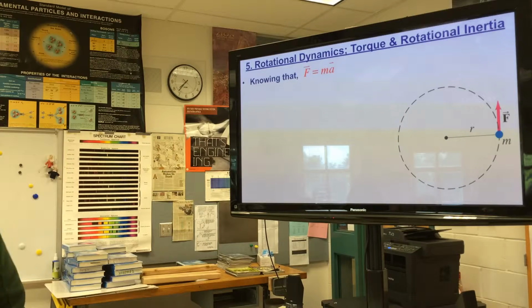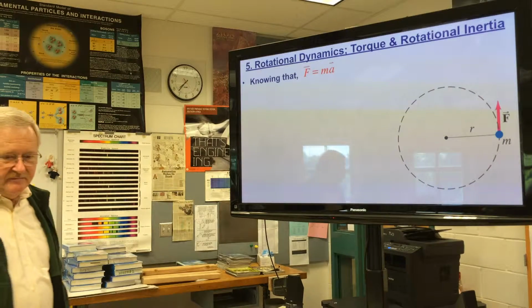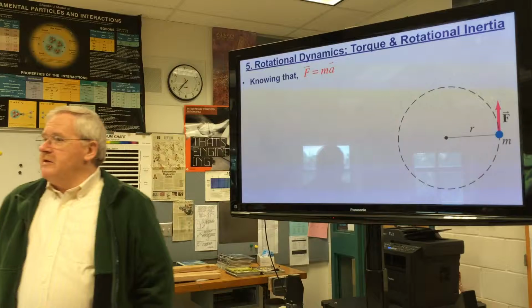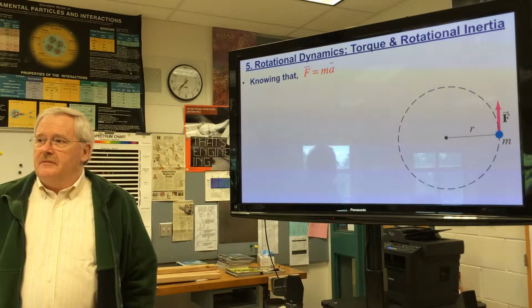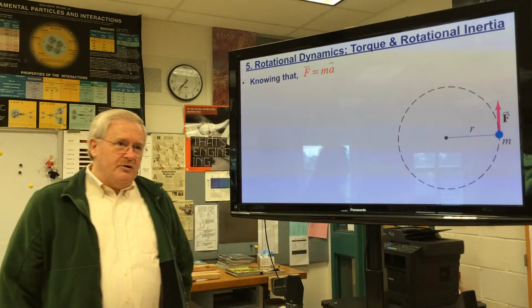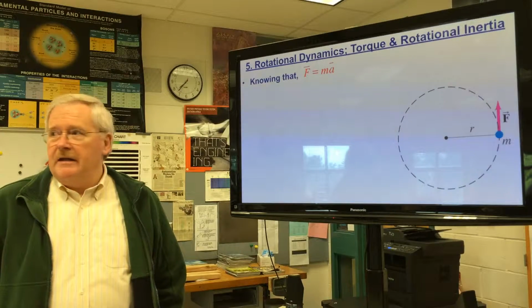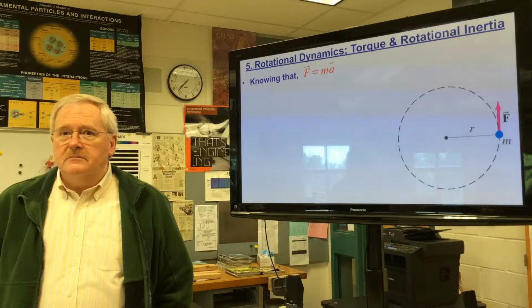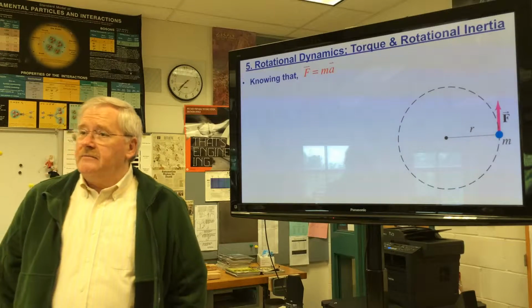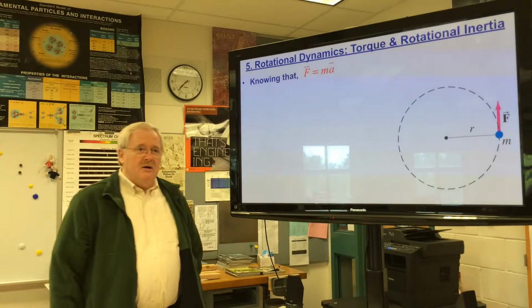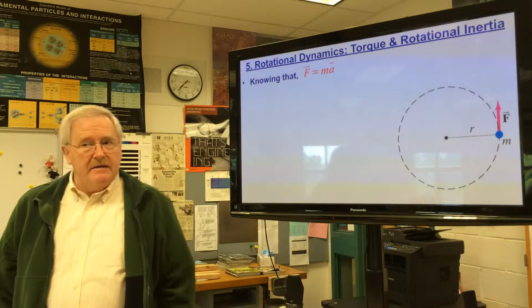Okay, so today we're going to talk about rotational dynamics, which includes torque and rotational inertia. We talked about inertia in linear motion. What was the measure of inertia in linear motion? Mass, right. The measure of inertia in linear motion is mass.